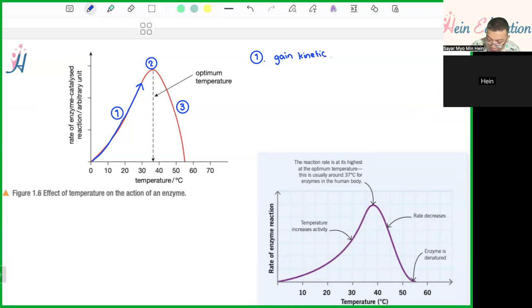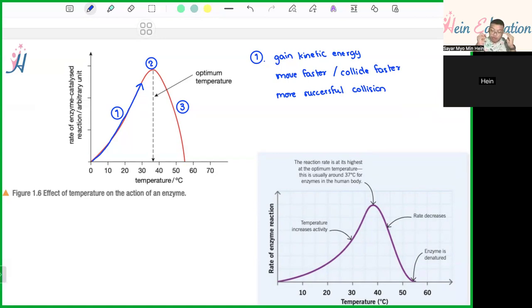By receiving more kinetic energy, they move faster, or if you don't want to say move, you can also say collide faster, or faster collision. Faster movement or faster collision means the rate of reaction will increase because there will be more successful collisions. So that would be part 1, where the rate of reaction increases as the temperature increases.